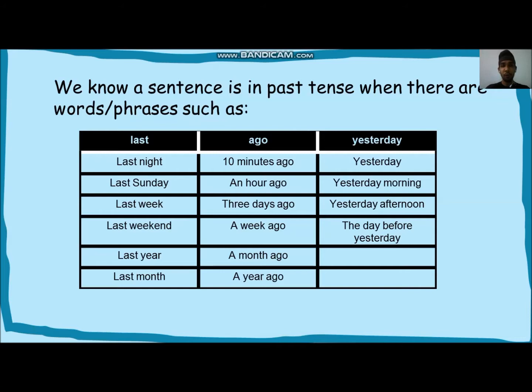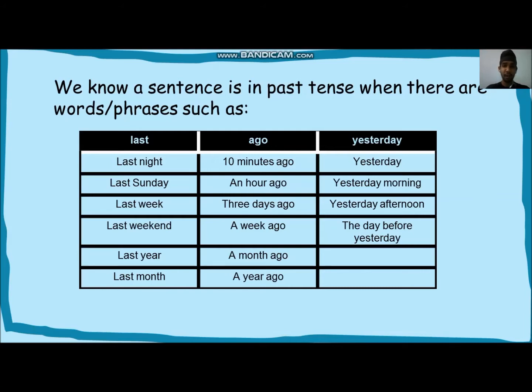Before we go further into examples, let's take a look at the words or phrases that are normally used to explain a sentence being in the past tense. We can use the word last.